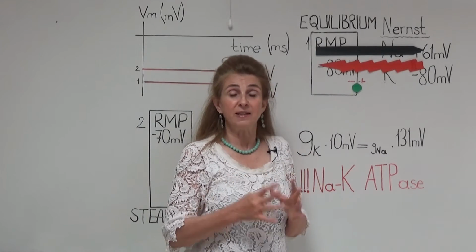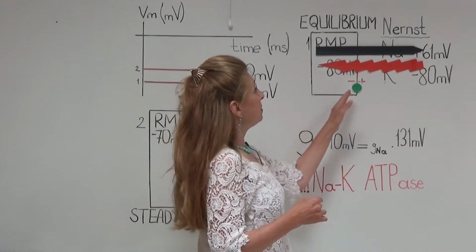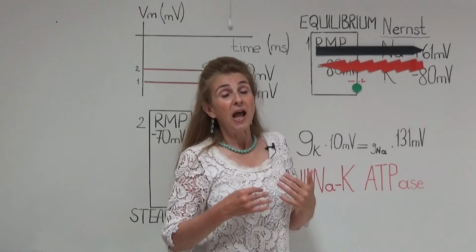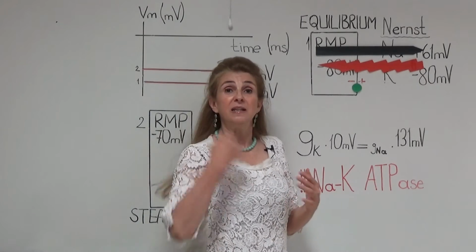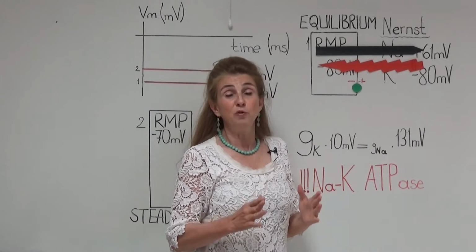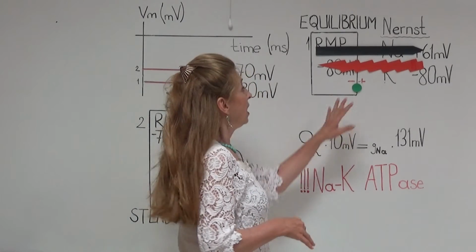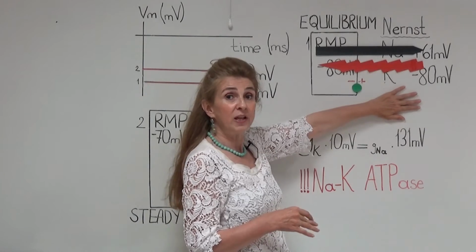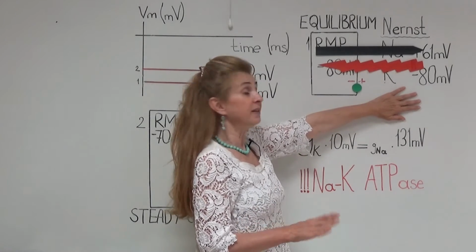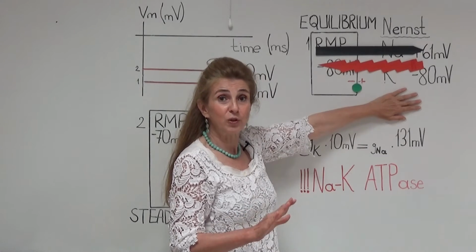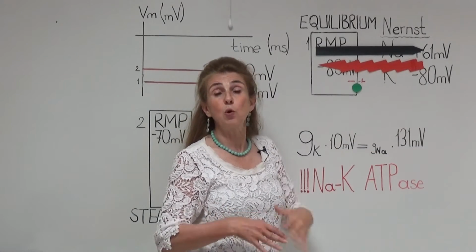The word net is important because there may be a few potassium ions leaving the cell, a few potassium ions entering the cell, but there is no net movement in any direction. The movements in both directions are the same. So we say that in this cell there is no net potassium movement, and the only channels present here belong to potassium, so we can generalize this to all of the ions.